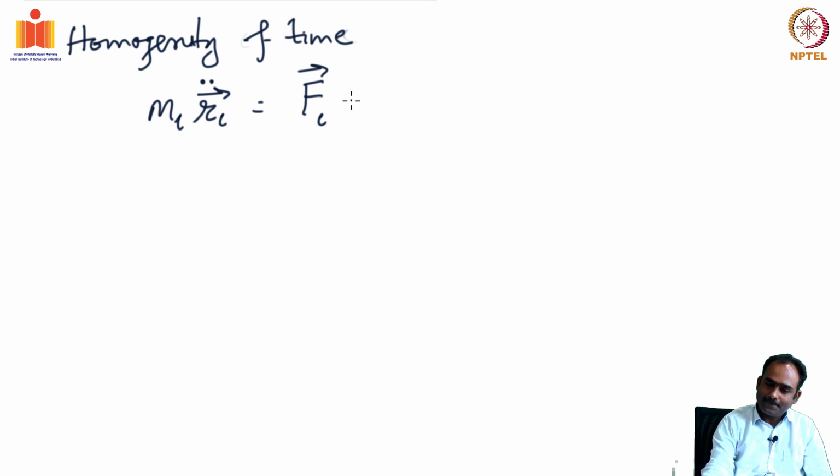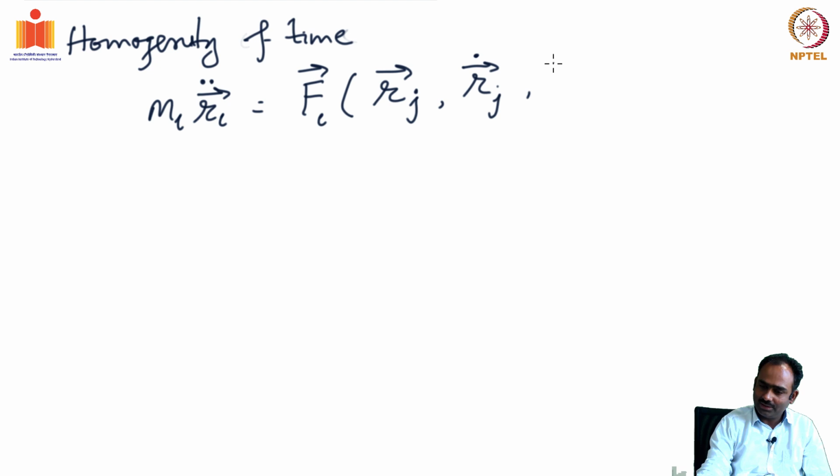So m_i r_i double dot is the force on the ith particle, which depends on where each particle is located at that time. I'm suppressing the t here. I could have put a t here as well, which I'm suppressing for now. r_j and t. That's what we wrote earlier.